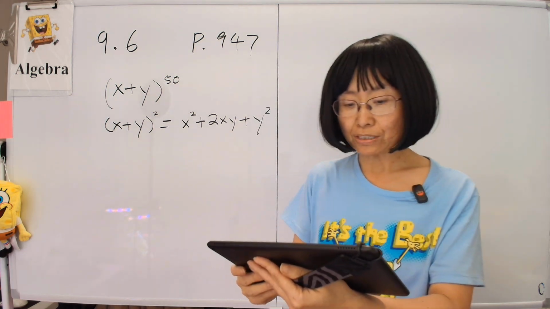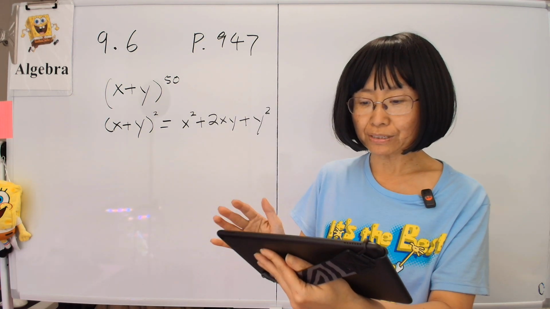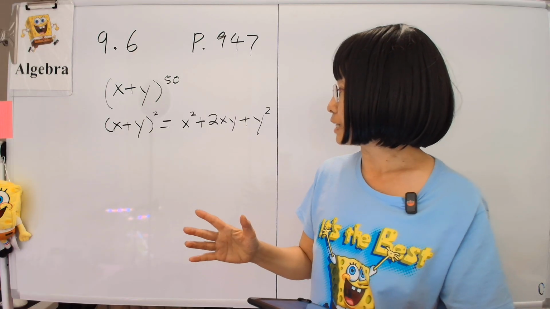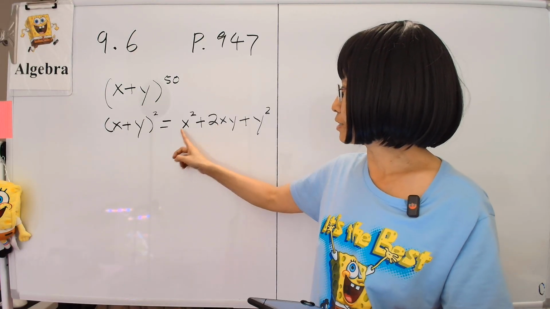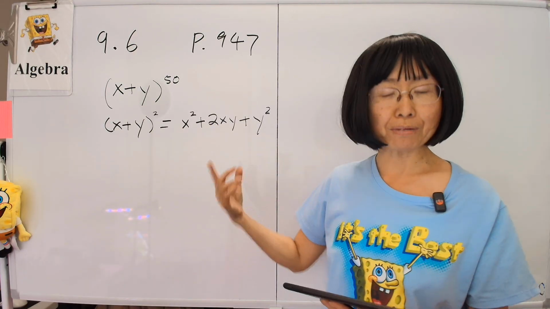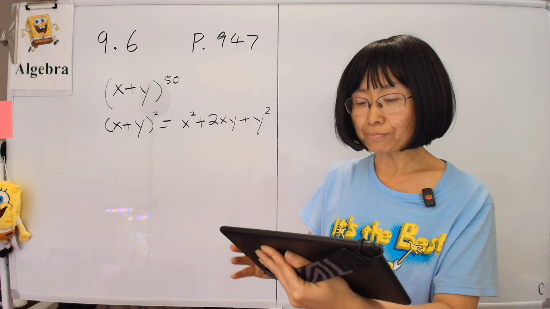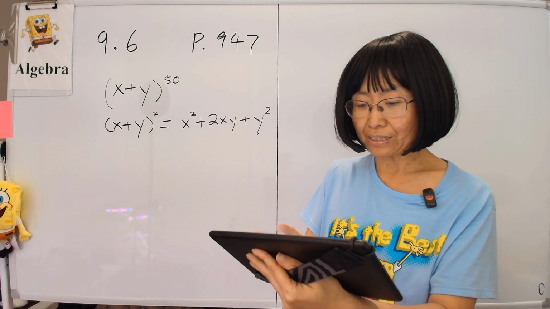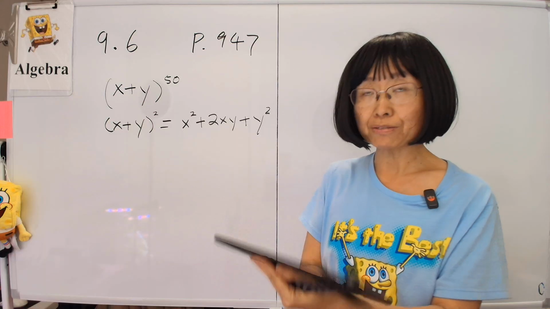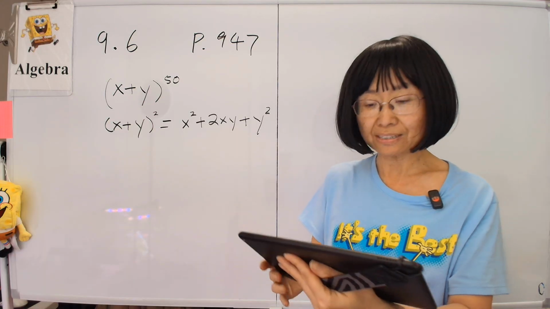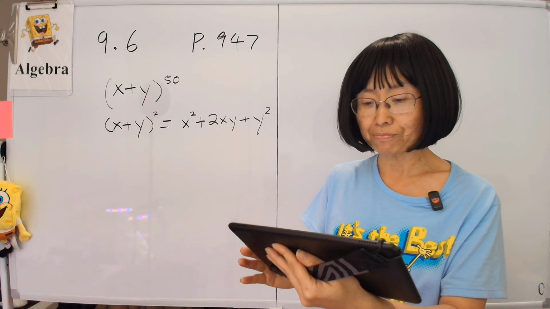To learn the formula, first we need to know what the coefficients are. The coefficients are the numbers in front of the terms that we multiply out. The binomial coefficient happens to be the same as the nCr that we learned in the previous section.